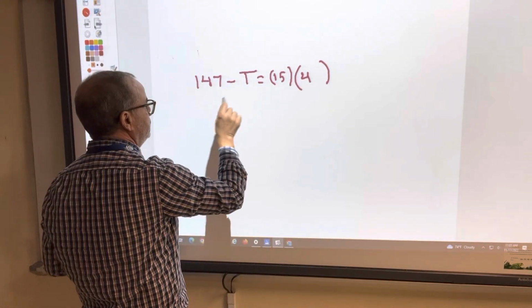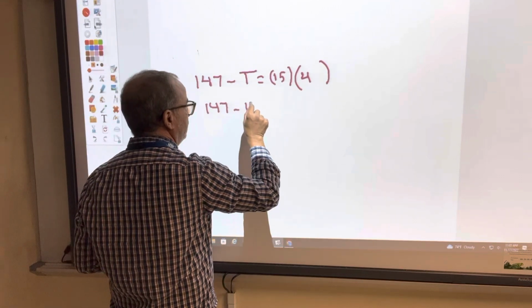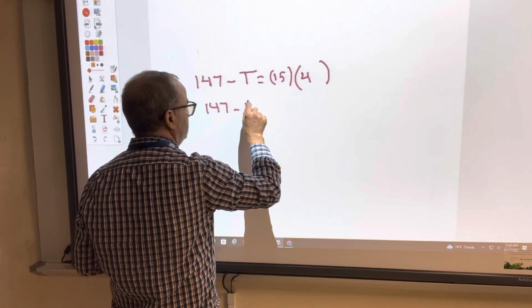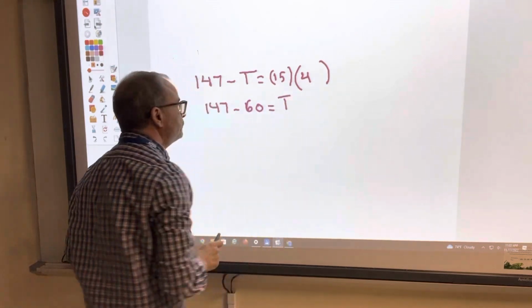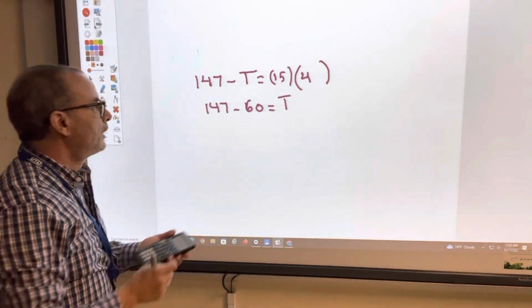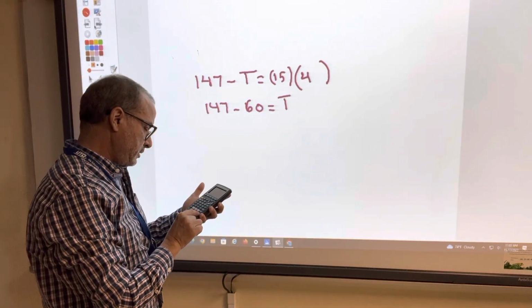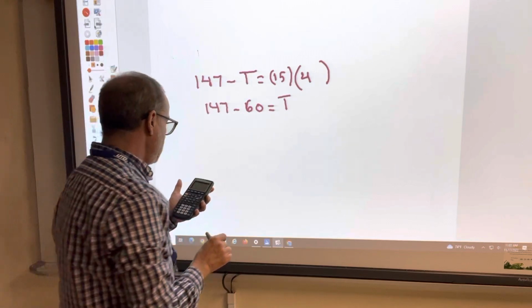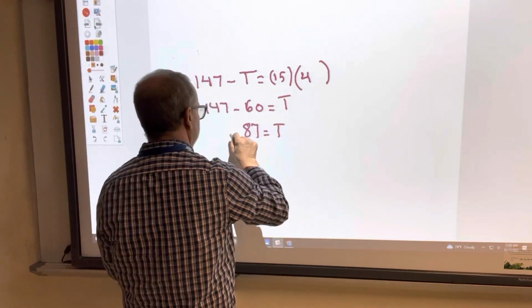And now I can get T: 147 minus 15 times 4, which is 60. And then I move the T to the other side. Now I just subtract 147 minus 60, 87. There's the T, 87 newtons.